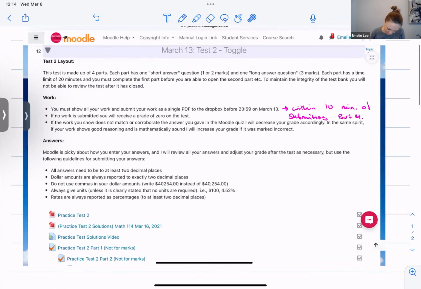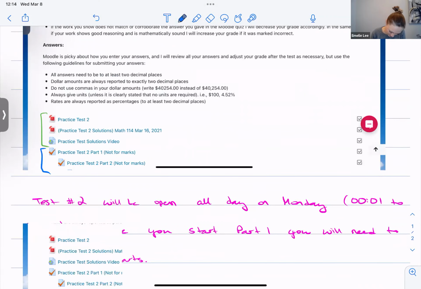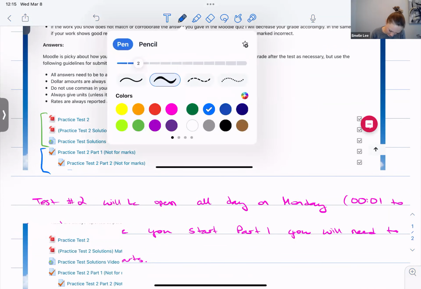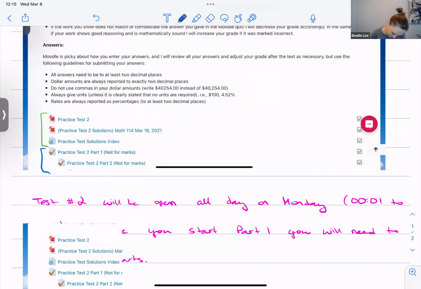Do these after the first one, right? So after these ones.